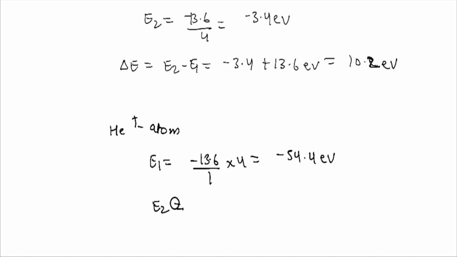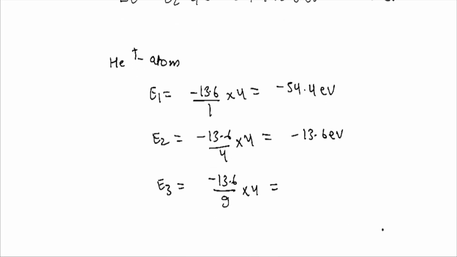E2 equals minus 13.6 divided by 4 into 4, which equals minus 13.6 electron volt, and E3 equals minus 13.6 divided by 9 into 4, and E4 will be equal to minus 13.6 divided by 16 into 4.